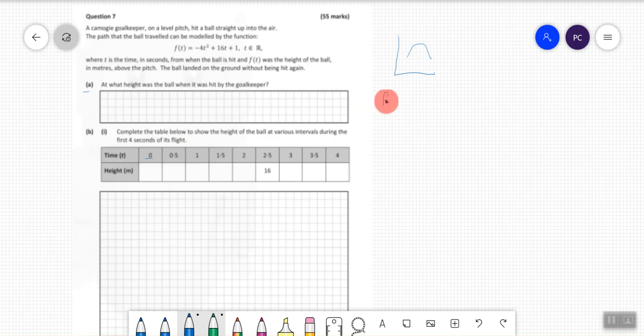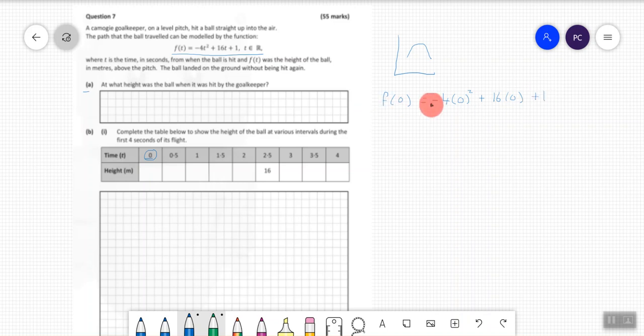So f(0) is equal to, and again just mind the signs, minus 4 times 0 squared. We're just taking this function and this value for t, plus 16 times 0 plus 1.